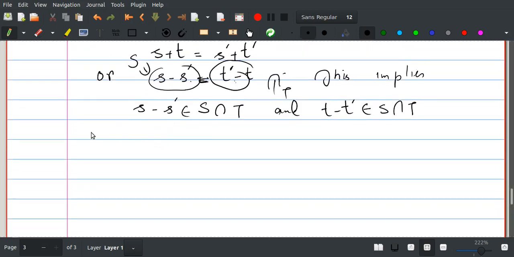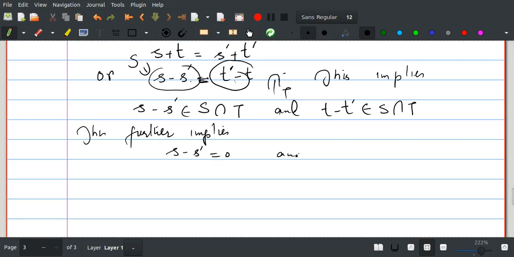This further implies S minus S prime is 0 and T minus T prime is 0, or S is the same as S prime and T is the same as T prime.